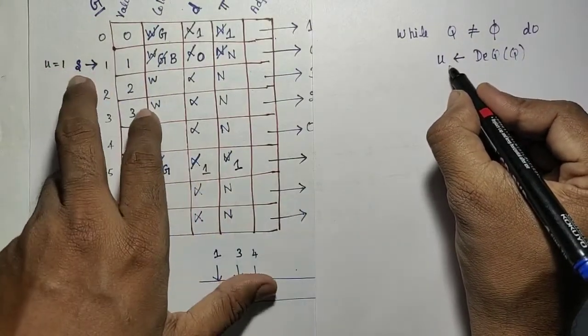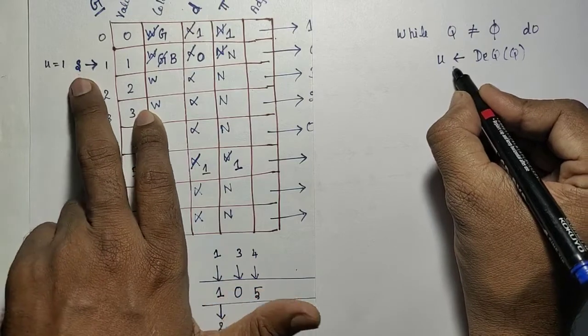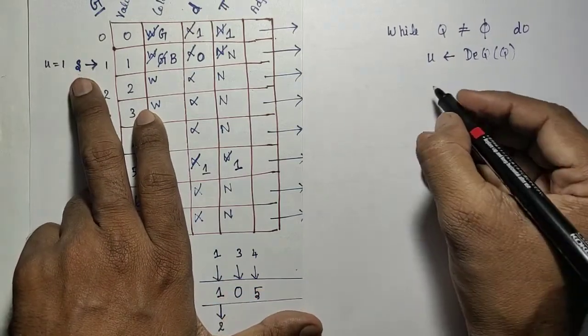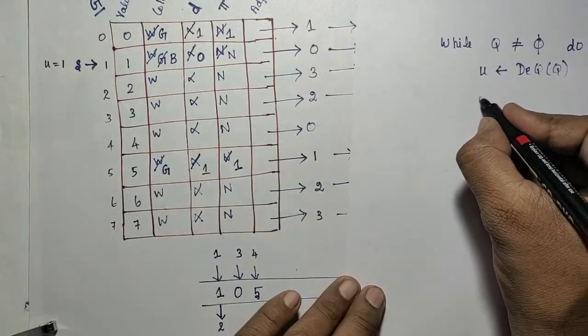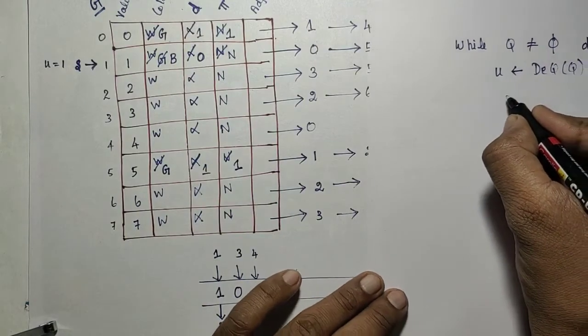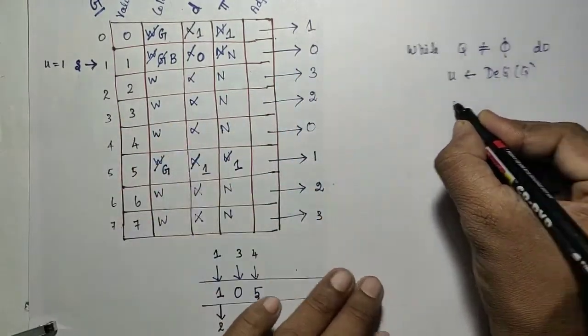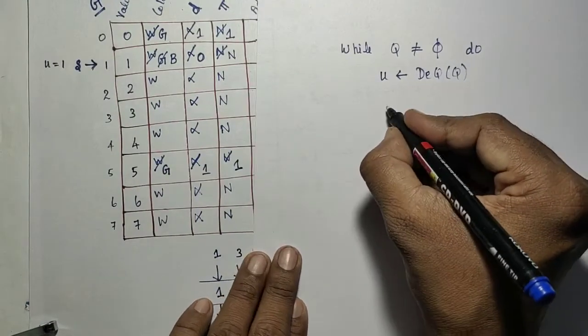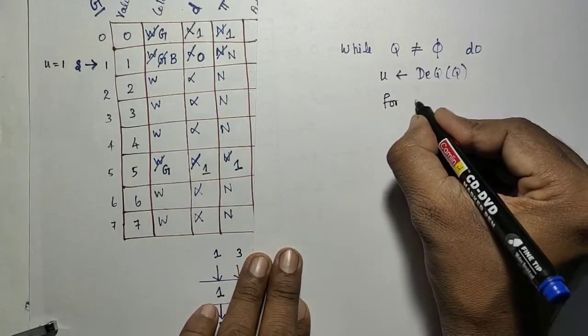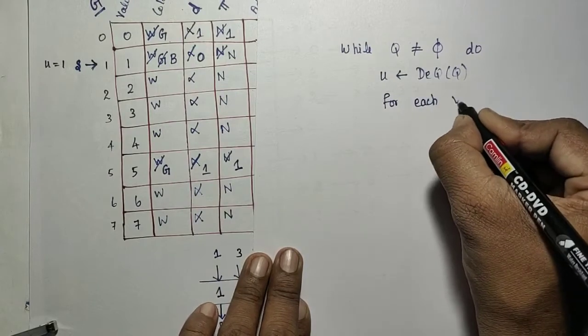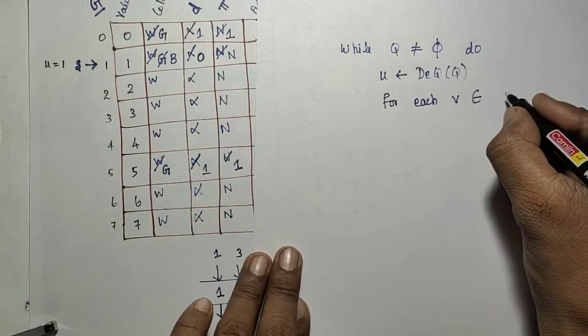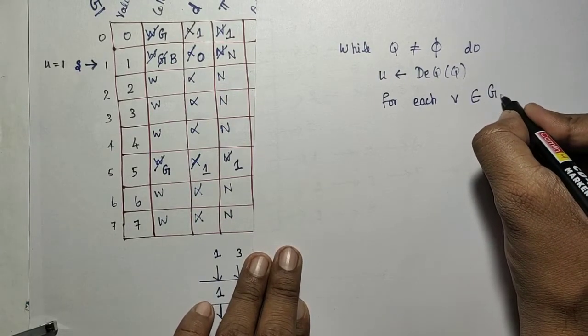So now the corresponding code is: U is enqueued. Okay, dequeued value U. I need to look for the adjacent nodes of U. That is, for each V belongs to G.adj.